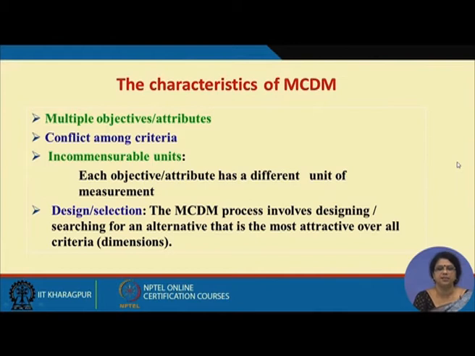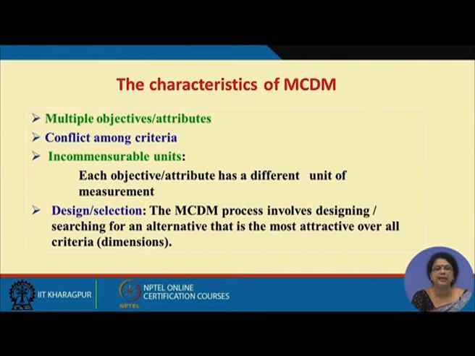Now, if I summarize the characteristics of a multi-criteria decision making problem, we will have multi-objective or multi-attribute there, and all the criteria are conflicting in nature. Another very important thing is that all criteria are incommensurable in nature.